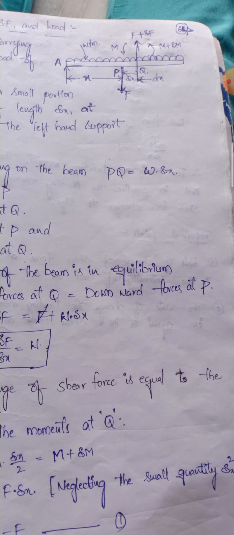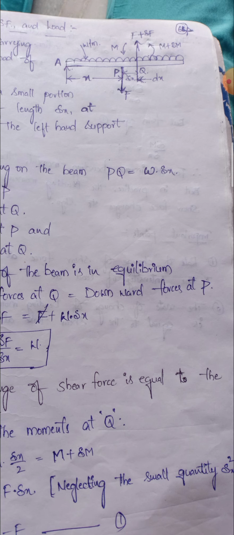Considering the beam AB, UDL is acting over the length of the beam, so load is W per meter.